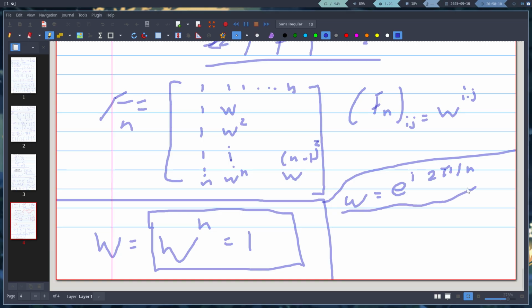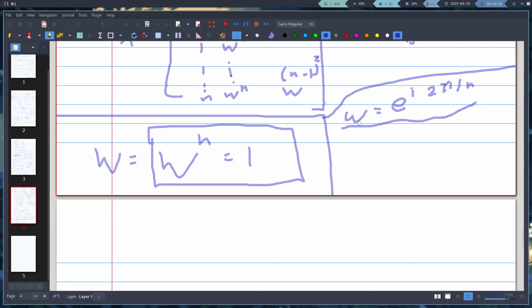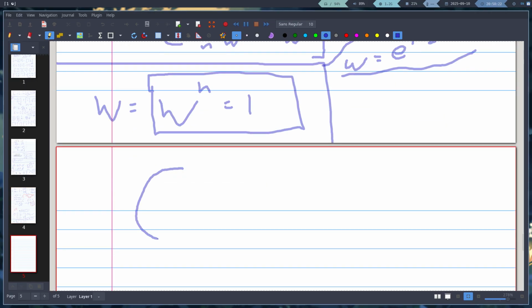Now, in this form you may not be familiar with this, but this is called Euler's formula, so I'm going to give you a brief recap of where this comes from. If you had your unit circle here, and say we had some vector coming in like this, we can call this vector z. z would be in the form a plus bi.